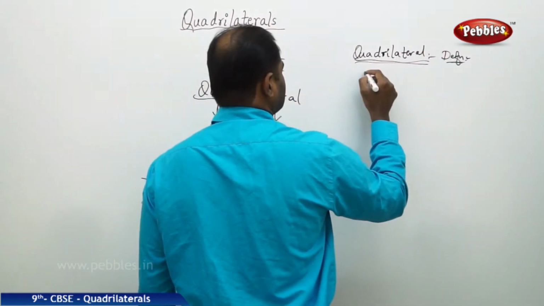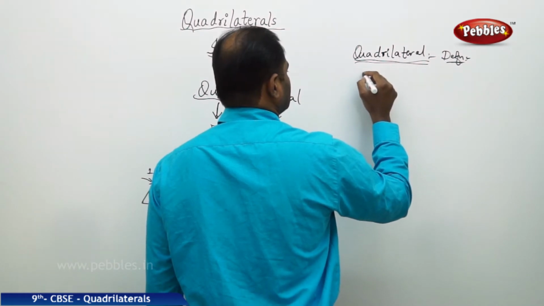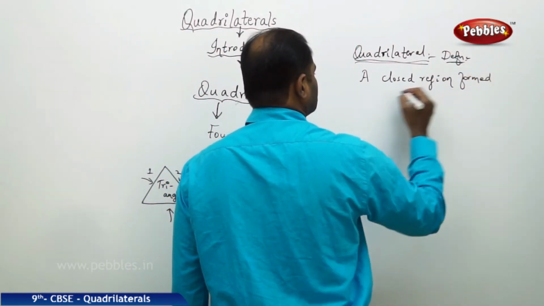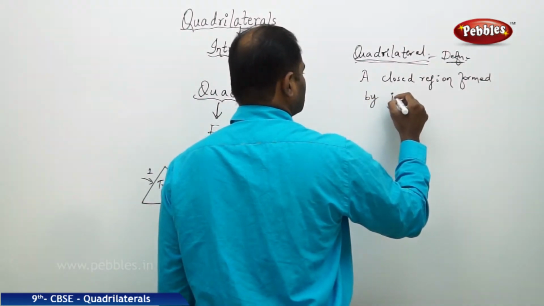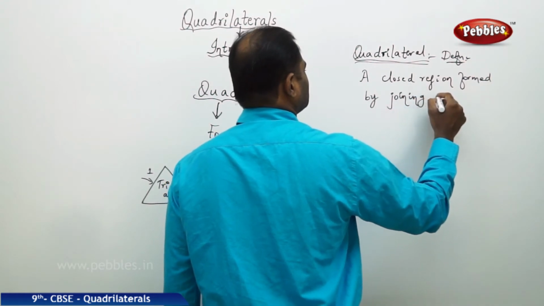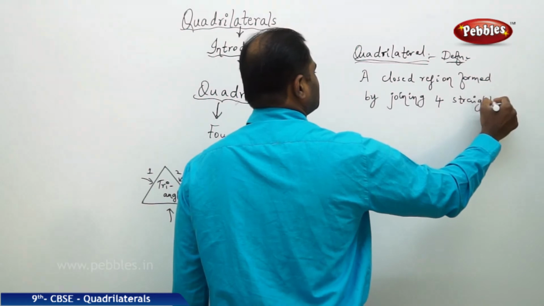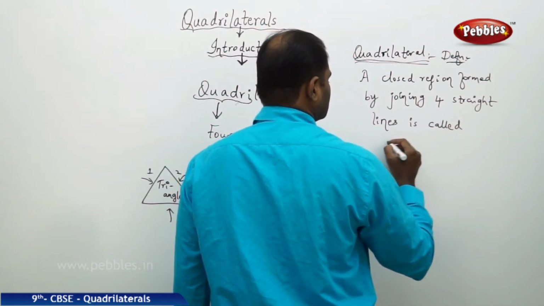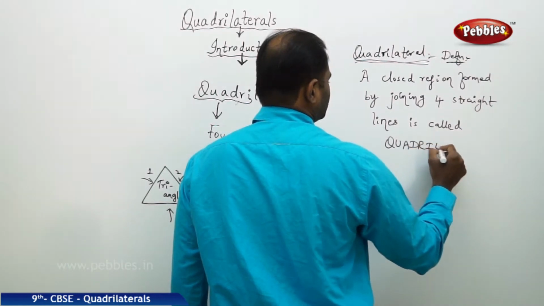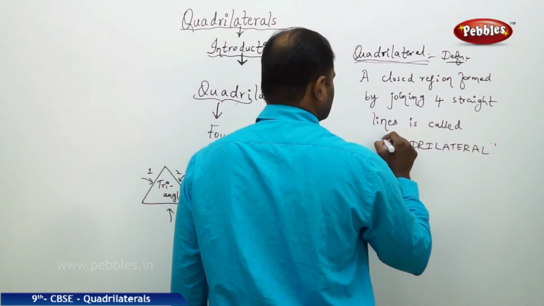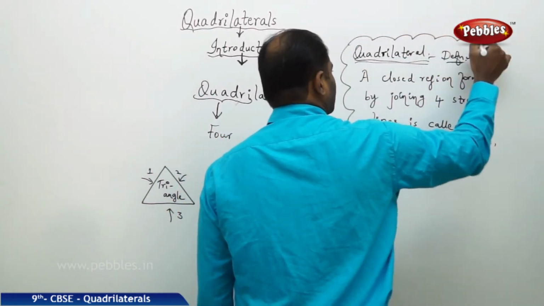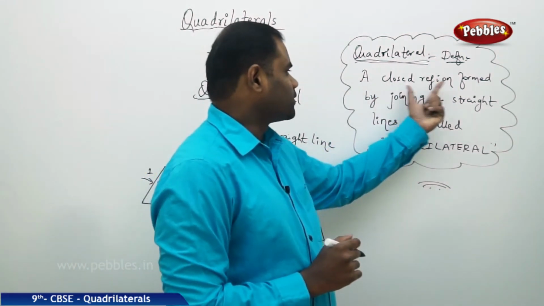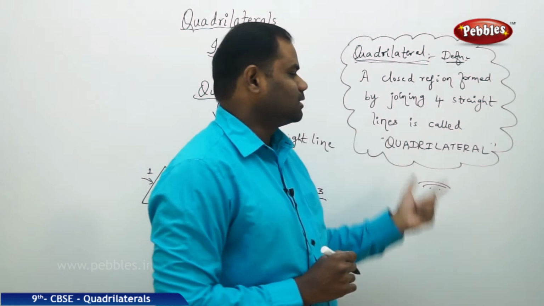Quadrilateral, in definition: a closed region formed by joining four straight lines is called a quadrilateral. That is how we define a quadrilateral.